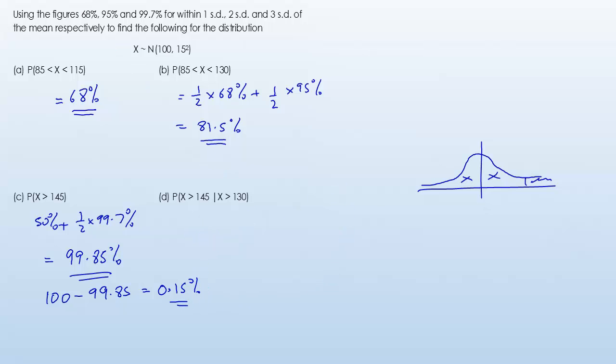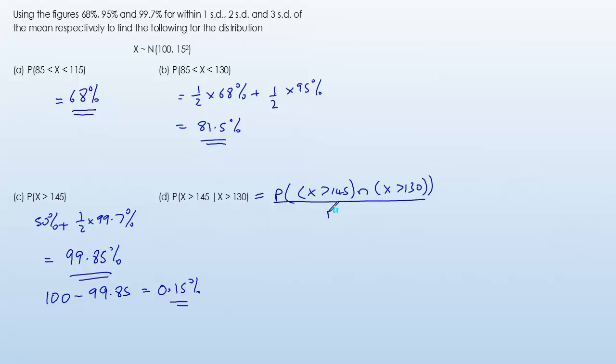Now we have, let's just clear some space over here, the probability that x is greater than 145 given that x is greater than 130. So x is greater than 145 and x is greater than 130, divided by the probability that x is greater than 130.